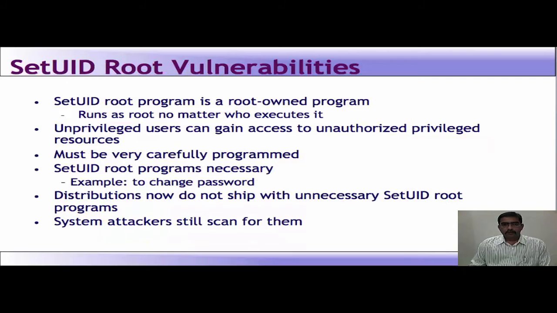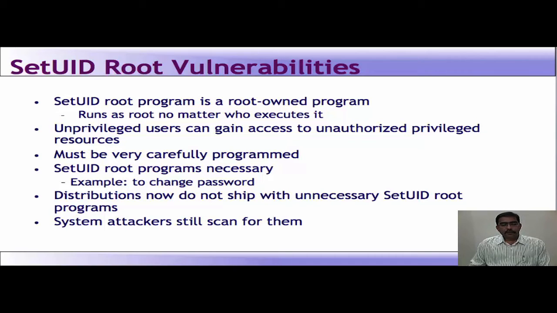We look at setUID root vulnerabilities. As we discussed earlier, when the setUID permission bit is set, the program will run with the privileges of the user that owns it rather than those of the process or user that is executing it. So, a setUID root program is a root-owned program that runs as root no matter who executes it.